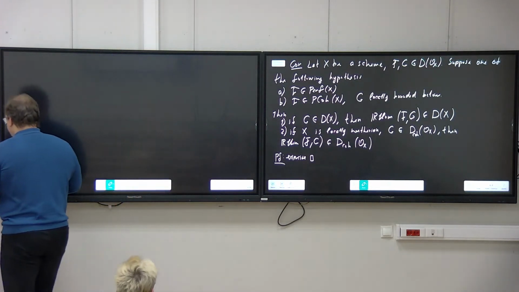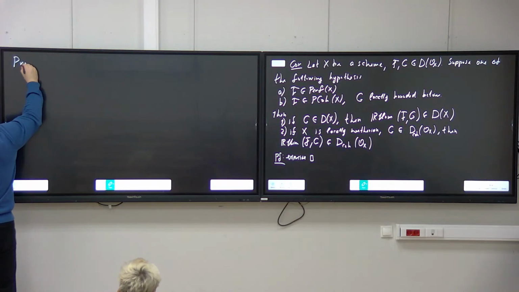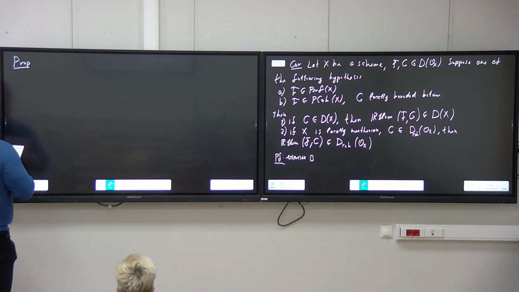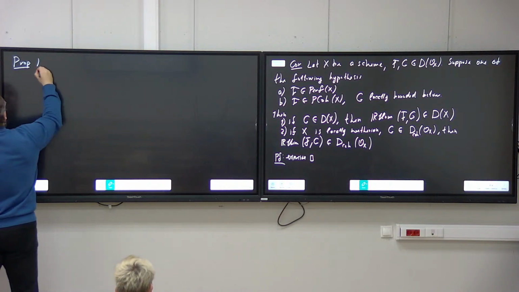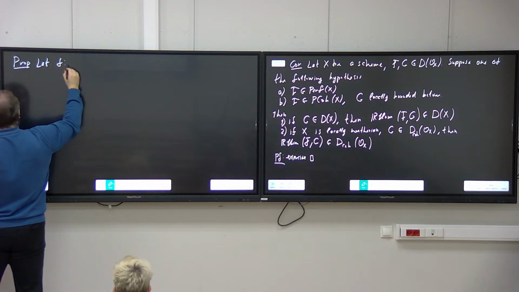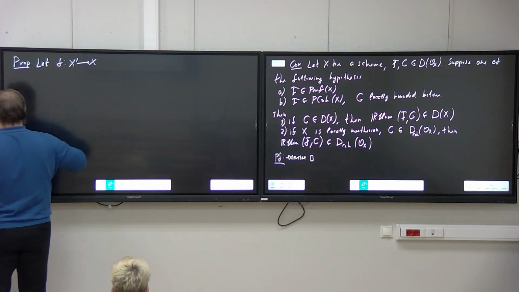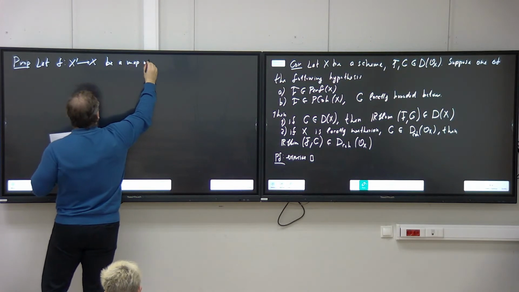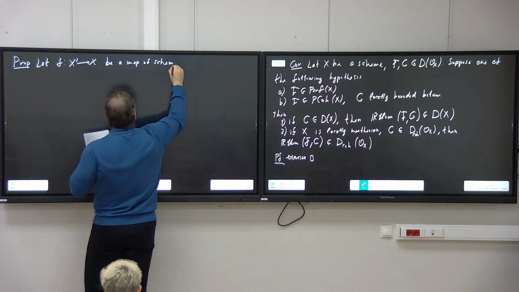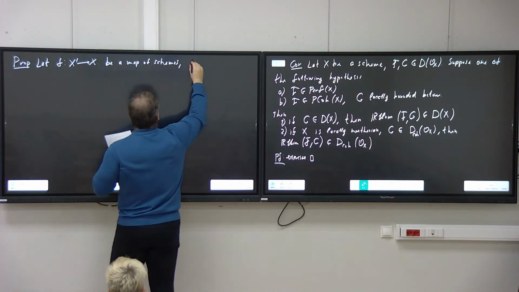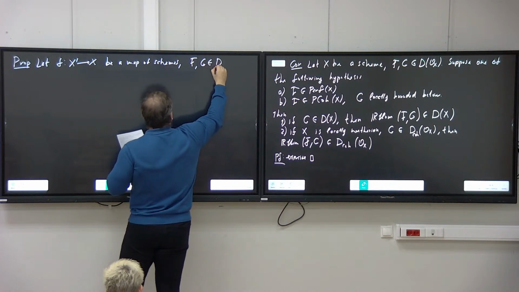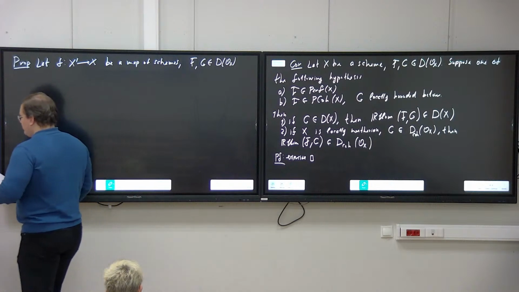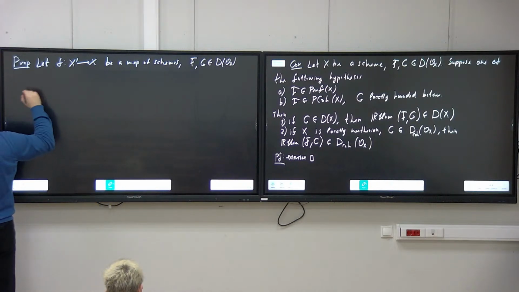So another thing that I want to formulate, I don't want to prove, because the proof is quite similar to the proof of the previous statement. Let f from X prime to X be a map of schemes. F and G are two complexes of OX modules, and as before, suppose one of the following two hypotheses is satisfied.